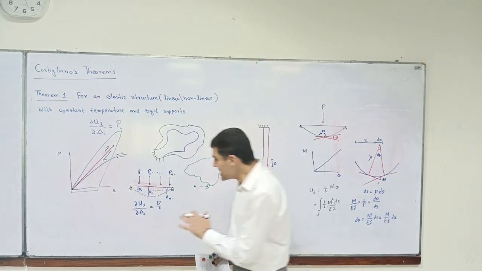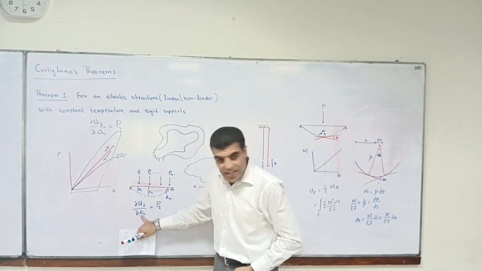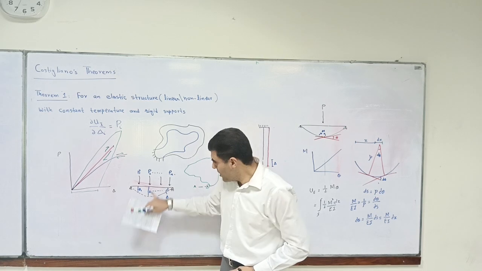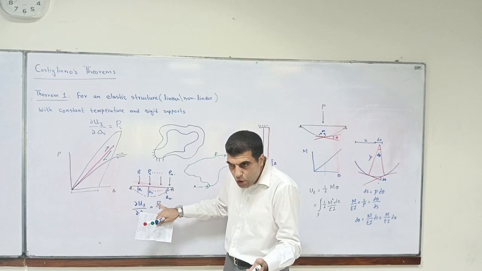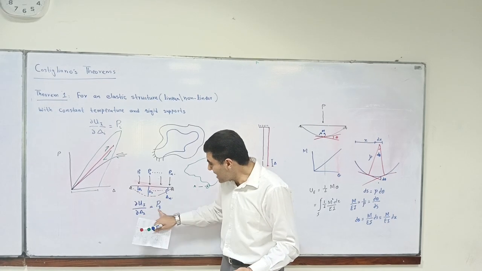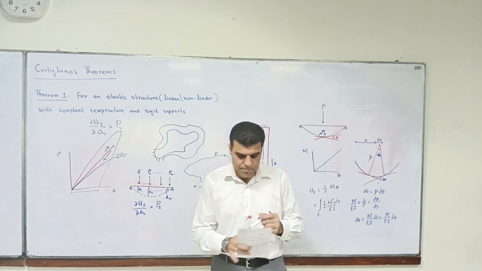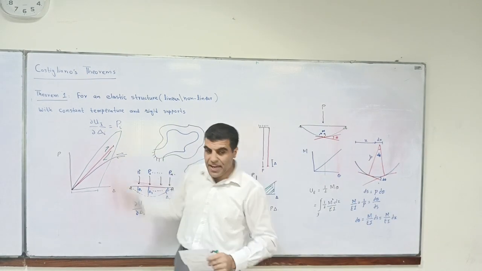If you differentiate that with respect to a deflection at a certain point, imagine I take any deflection underneath any load, that will give me the magnitude of the load which is applied. That's what this equation is saying.